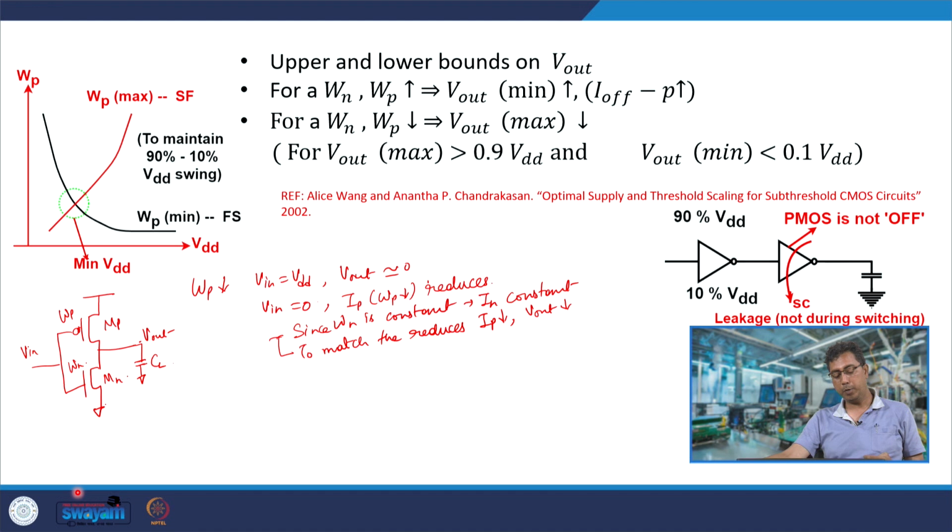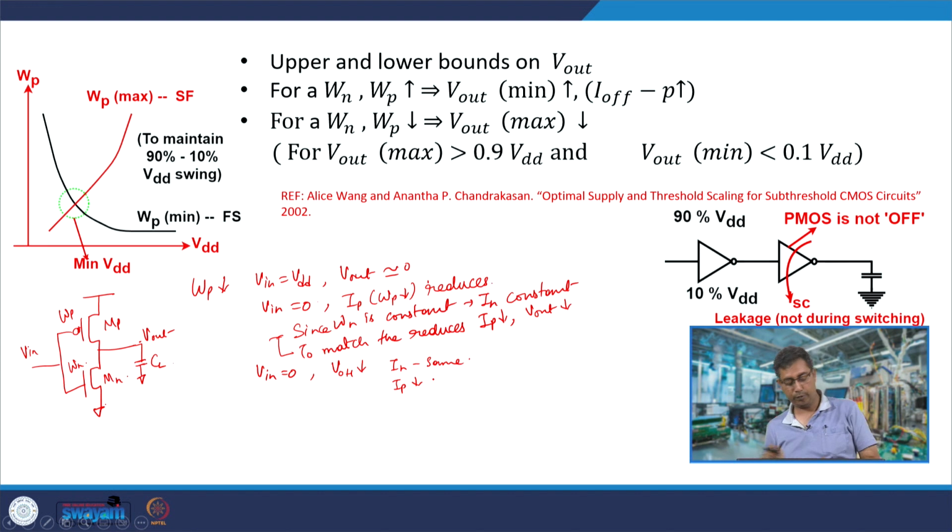So, that is what we are seeing here. When WP reduces, for V in equal to 0, V output high also reduces, because In is almost constant and IP reduces.